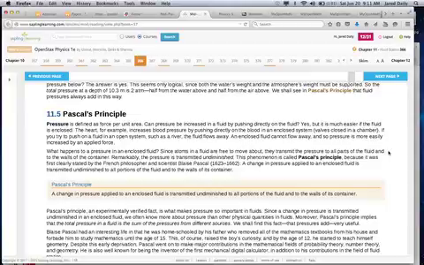There's not multiple different fluids going on in there. But if you have an enclosed fluid, that change in pressure, if you apply a pressure to one side of the fluid, that pressure will transmit itself throughout the fluid. So if you go from 10 to 20 on one side, everything goes up to 20.